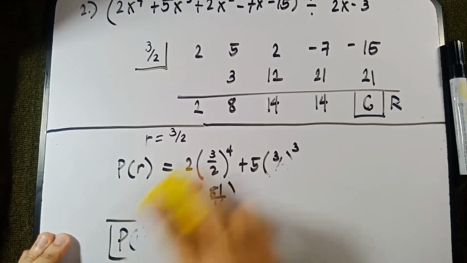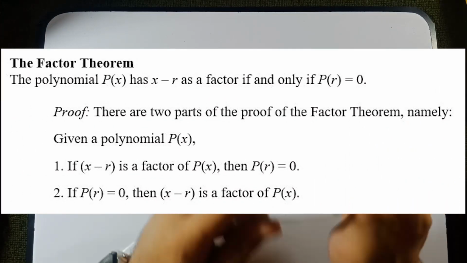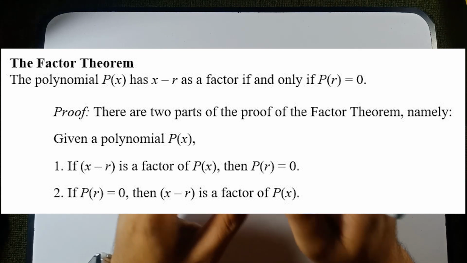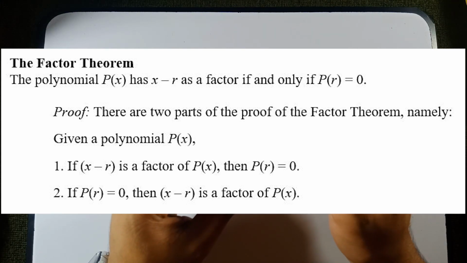Ano? Discuss naman natin yung factor theorem. So again, that is remainder theorem. So the factor theorem states that the polynomial p of x has x minus r as a factor if and only if p of r is equal to 0.